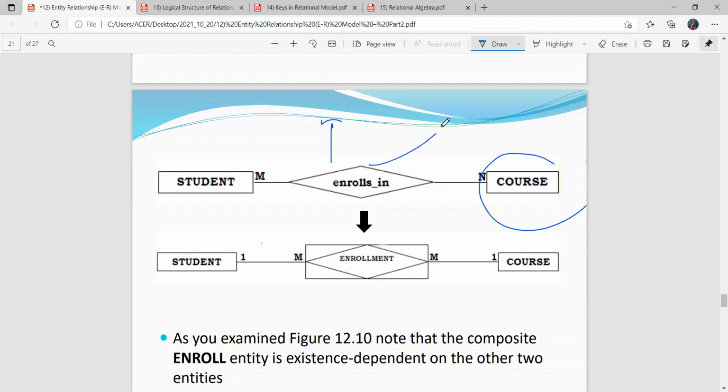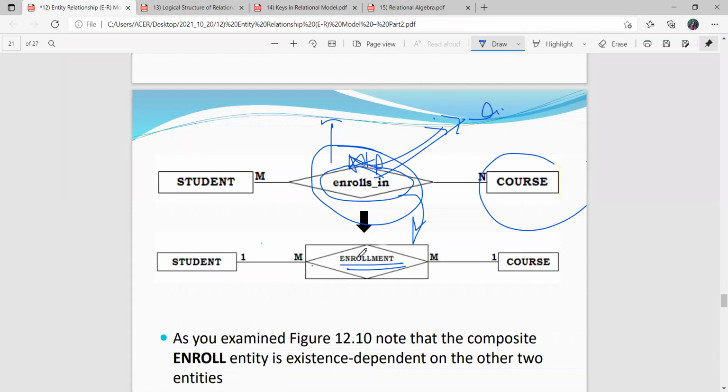To convert this, it is needed to create a bridge entity. So this bridge entity is known as a composite entity. You can take this enrolls in. So this is a verb. Now we are going to convert it into a noun. So you can convert it as enrollment.